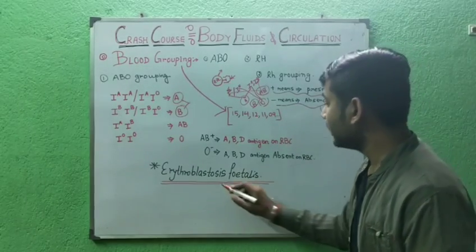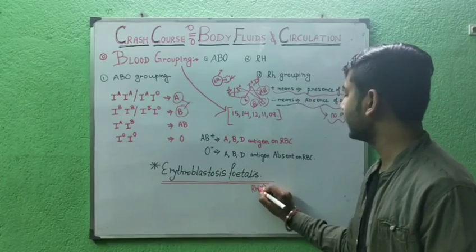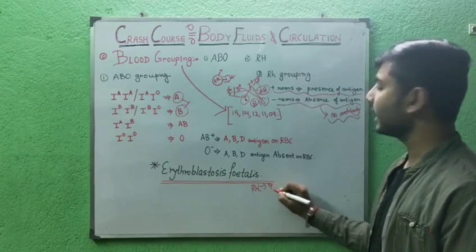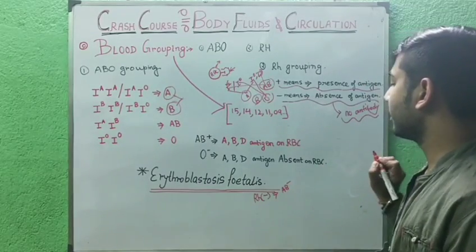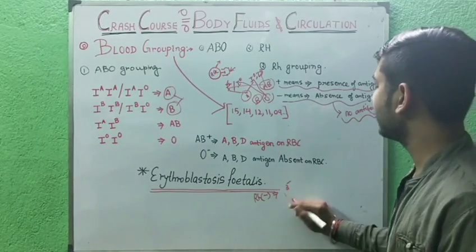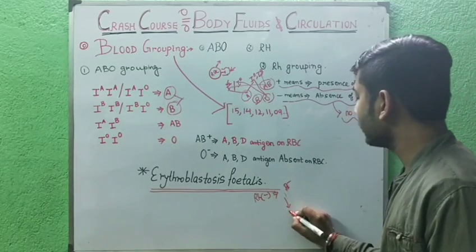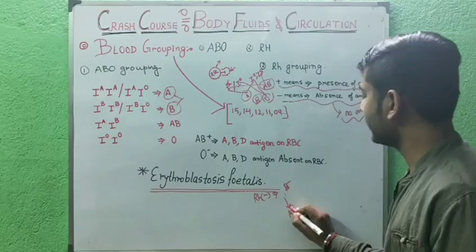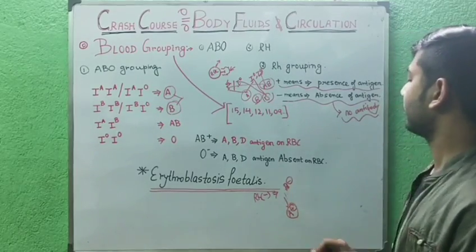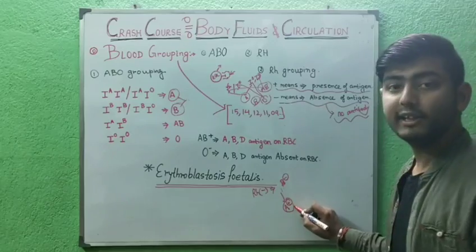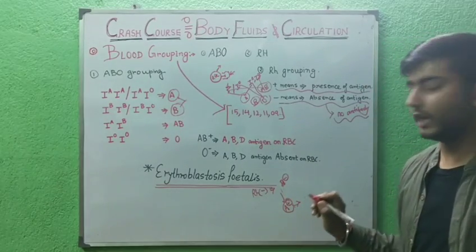In erythroblastosis fetalis, there is an RH negative mother, for example a classic example like an AB negative mother or B negative mother. For example, a B negative mother giving birth to an A positive child. So here it is negative and here it is positive. It means that in the child there is presence of D antigen.